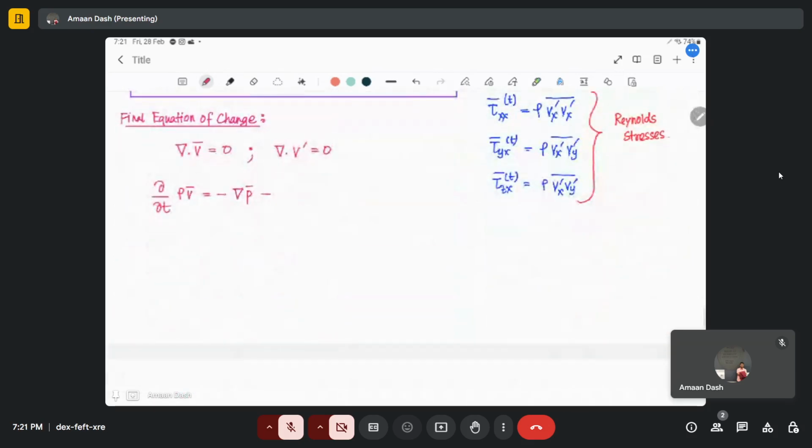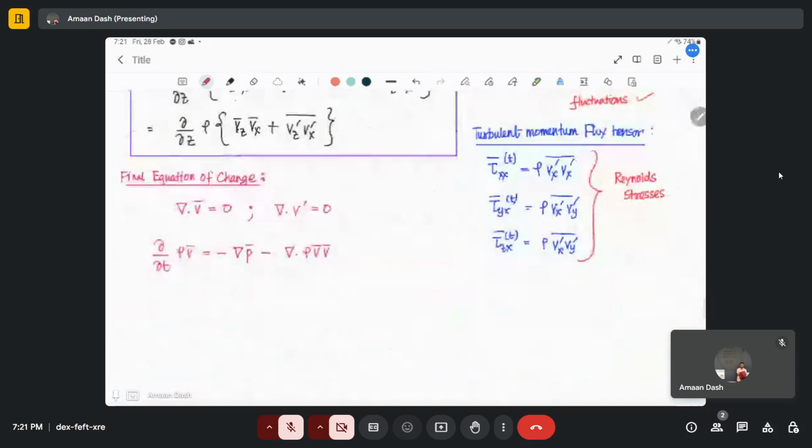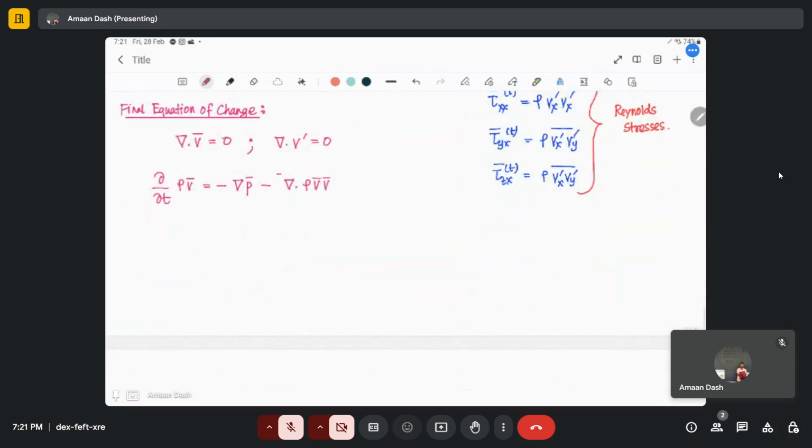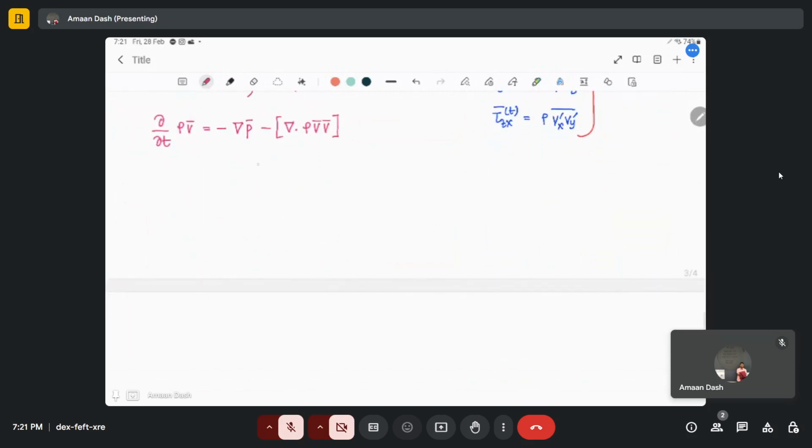That is del dot of rho v bar v bar, and this will be a tensor, minus we have the viscous term plus the terms related to the Reynolds stresses.